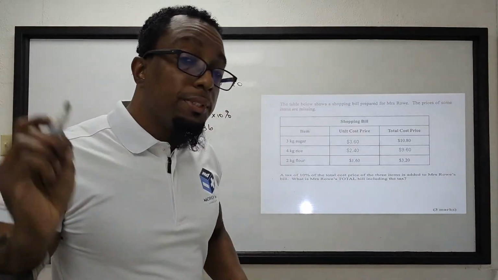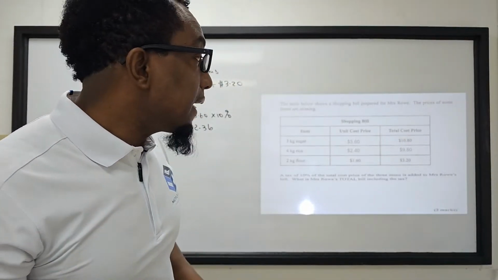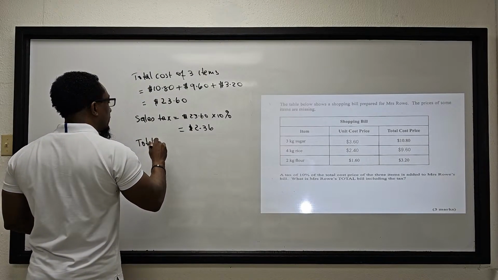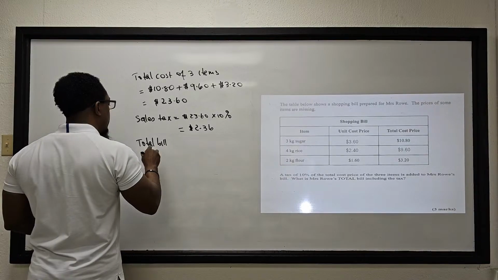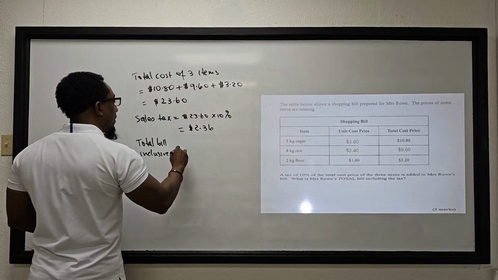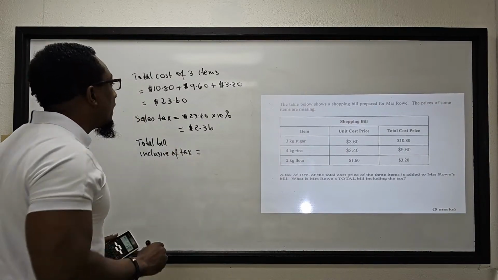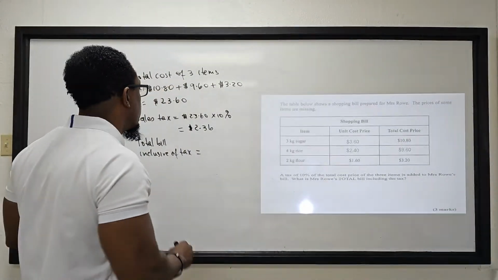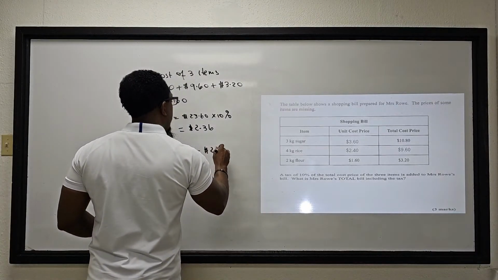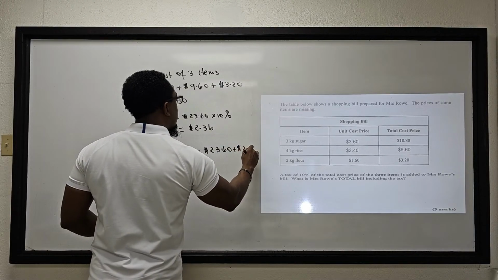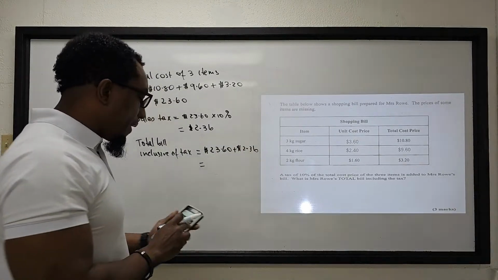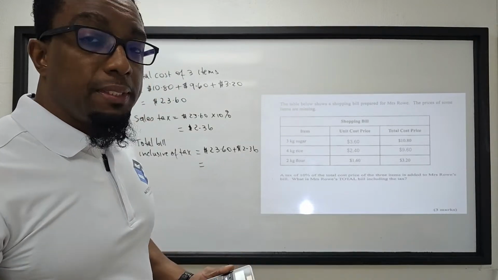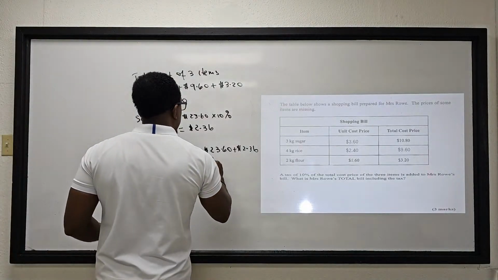So therefore the total bill inclusive of tax will be to add that $2.36 to our $23.60. So we add those two, and we're going to get $25.96.